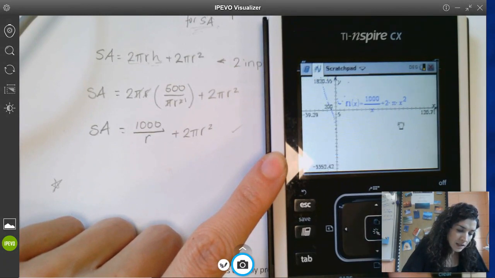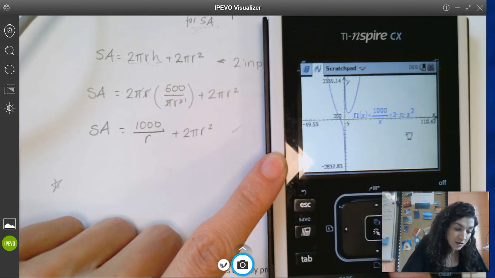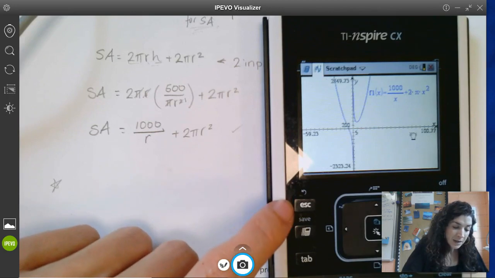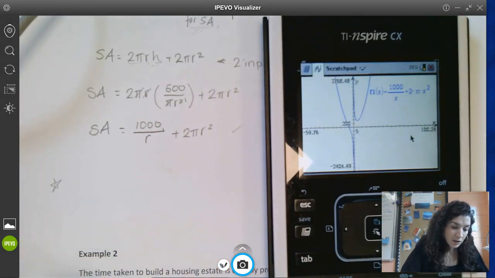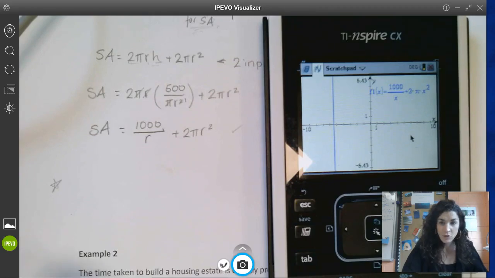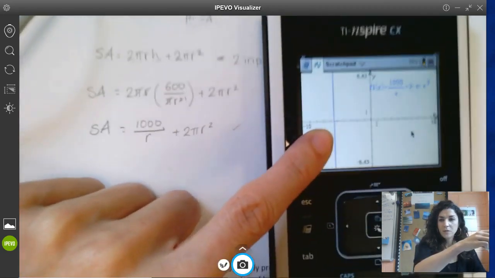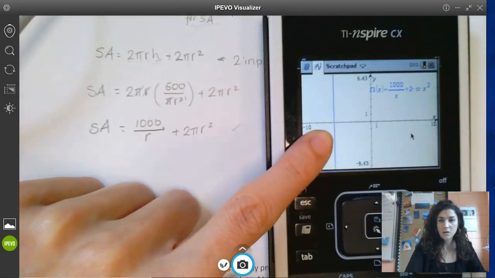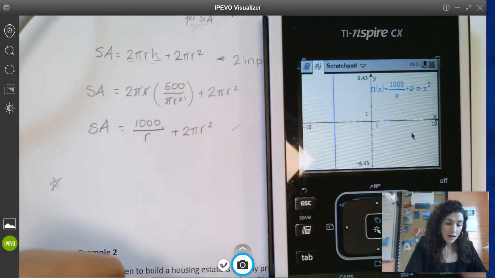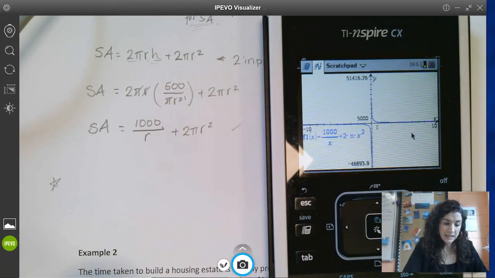It looks really crazy and my Zoom is insane right now. But it actually looks better with the Zoom that I had for my previous problem, but yours probably looked like this at first if we went to Zoom standard. So then I went to Zoom Fit and it looked like this.